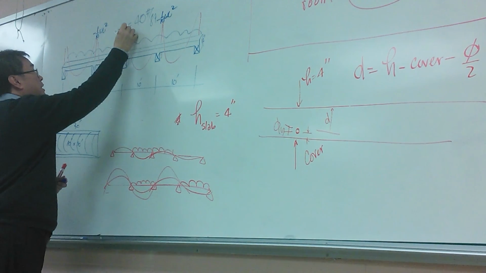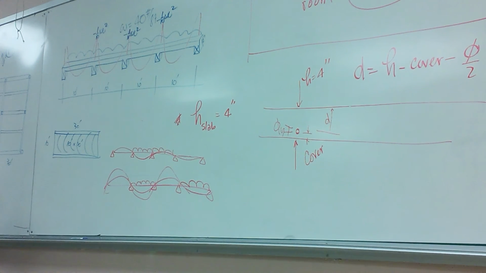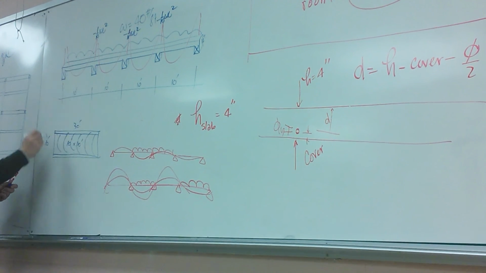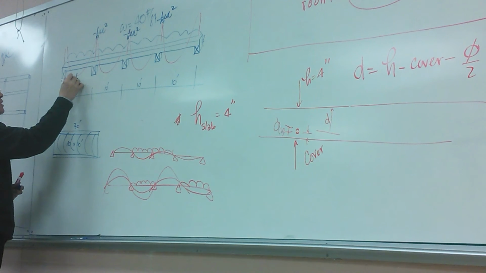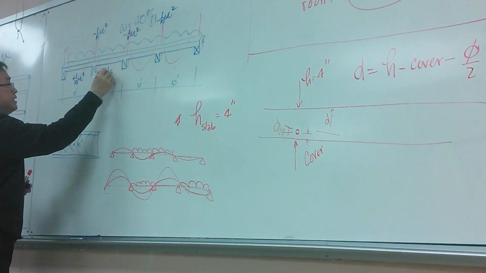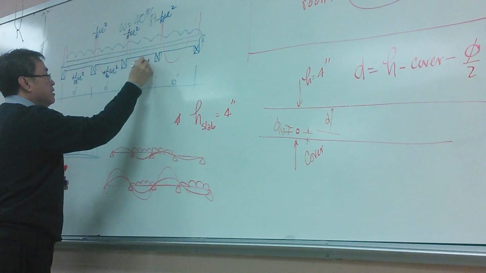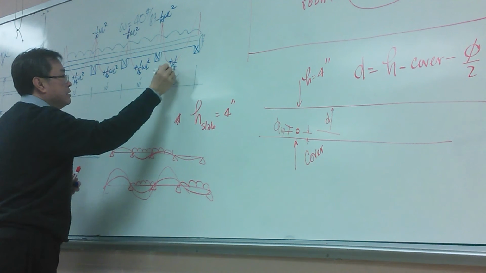This one, minus 1 over 11. I'm going to skip this first for the time being. This one is plus 1 over 14, plus 1 over 16, plus 1 over 16, plus 1 over 14.